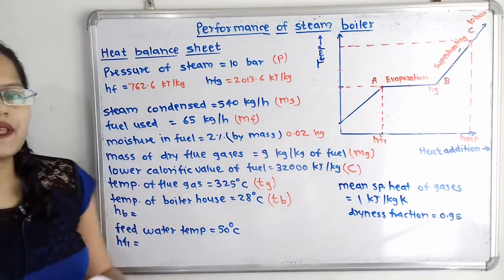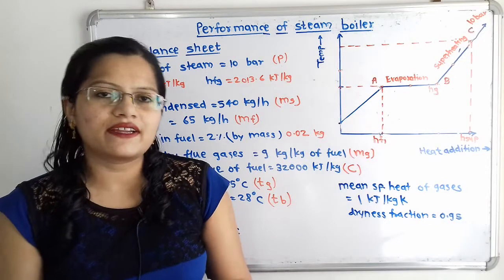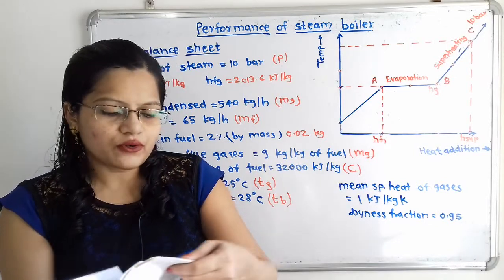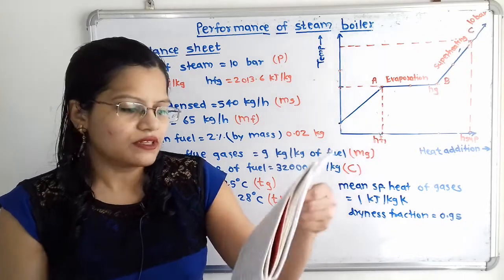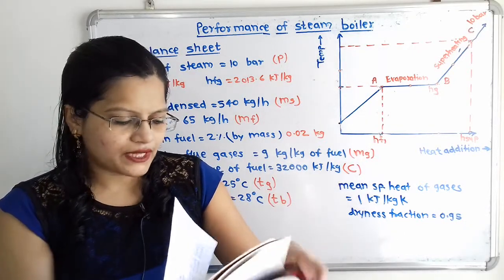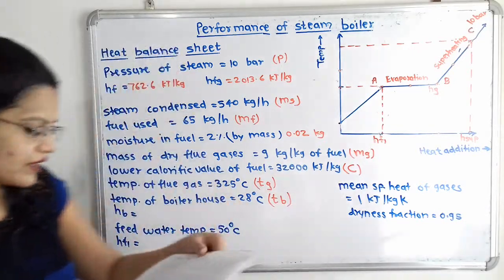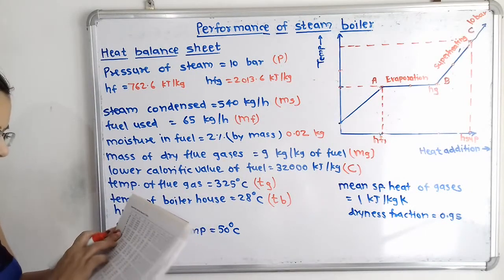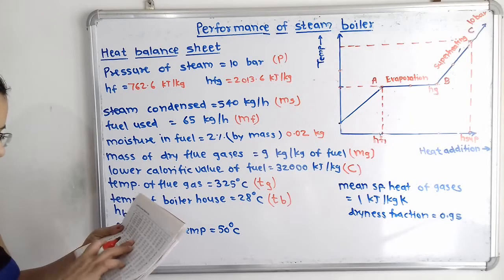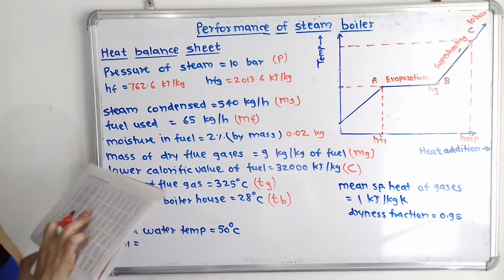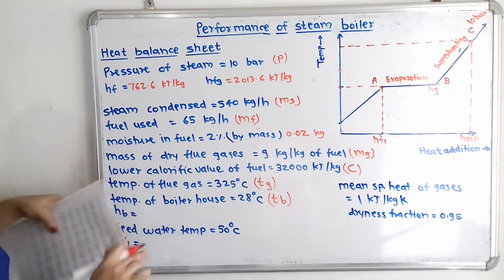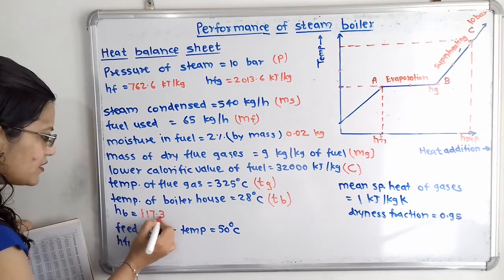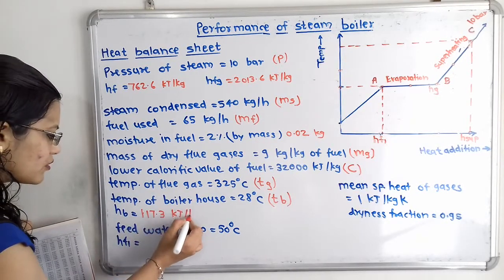Now for the temperature of boiler house we will find out the enthalpy at this temperature. So we will use the temperature table. In the first column temperature is given. We will refer to 28 degrees Celsius, and for this 28 degrees Celsius we will take the value of Hf, that is 117.3, that is Hb, 117.3 kilojoule per kilogram.